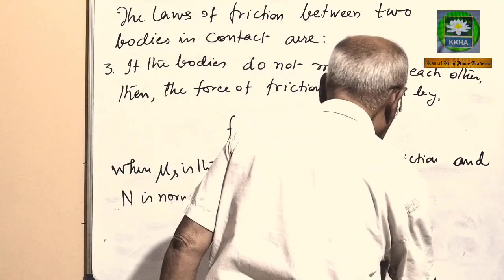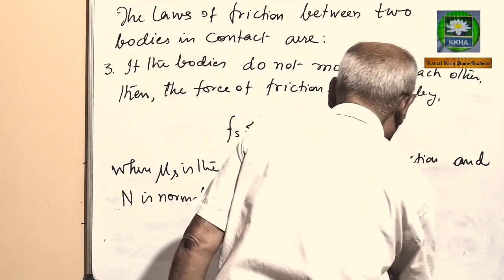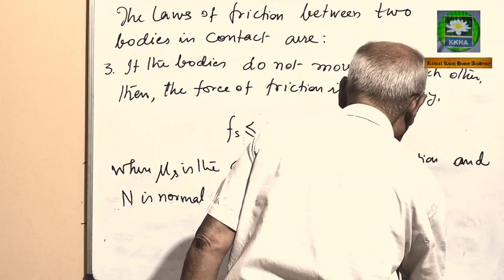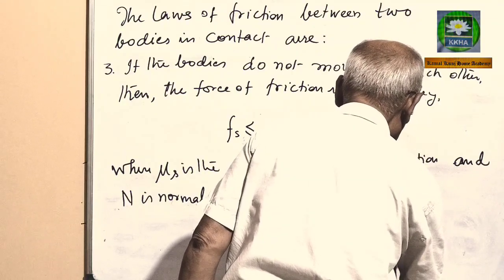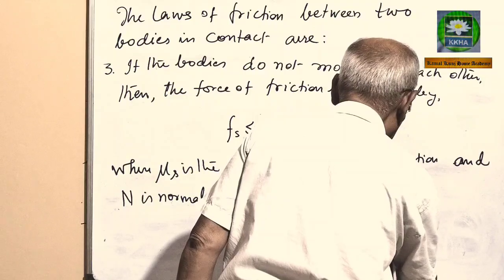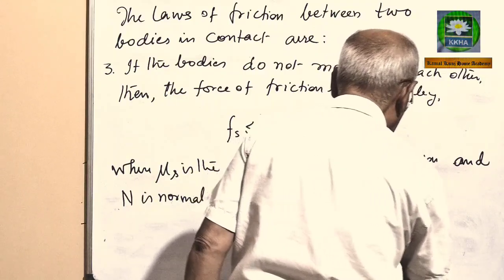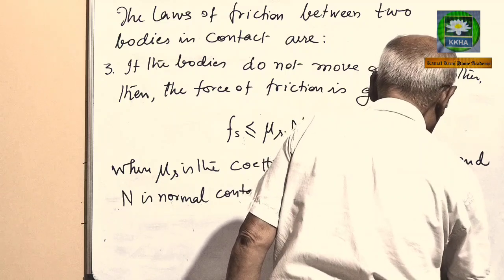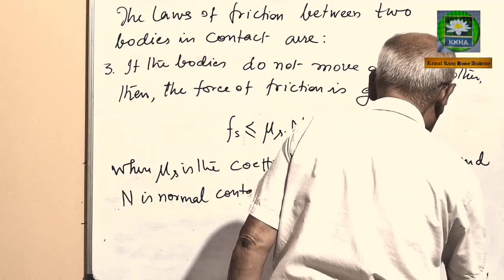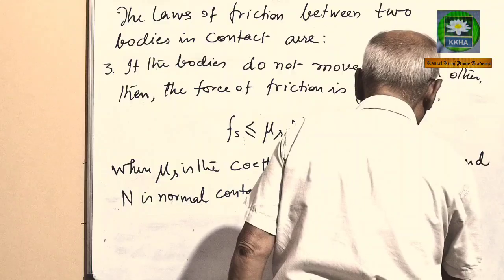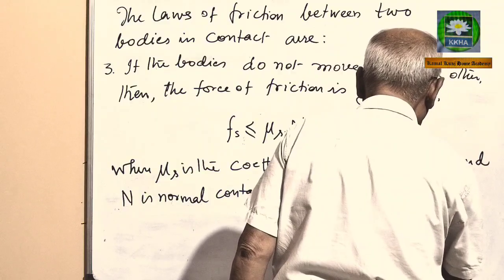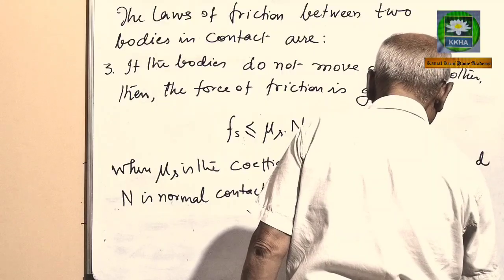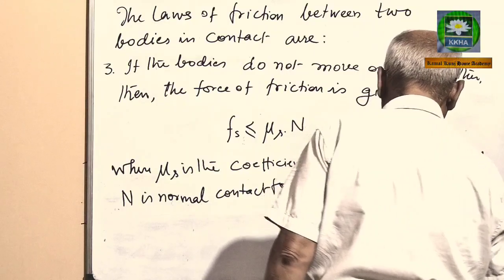That is, suppose this is the body over which this block is placed. Now the friction between these two bodies: this is the force applied, this is the normal force, and this is the weight of the body.